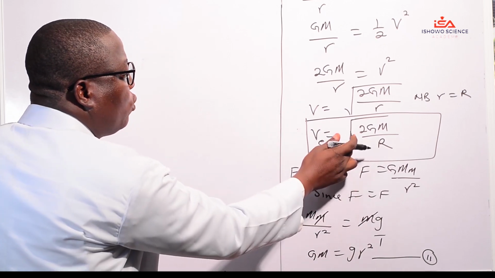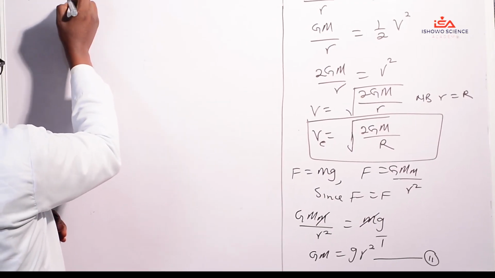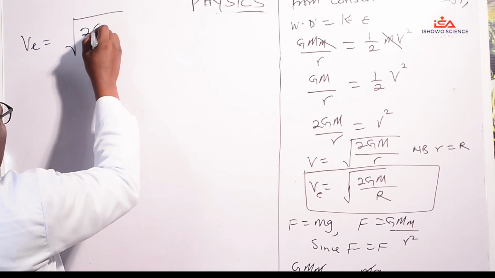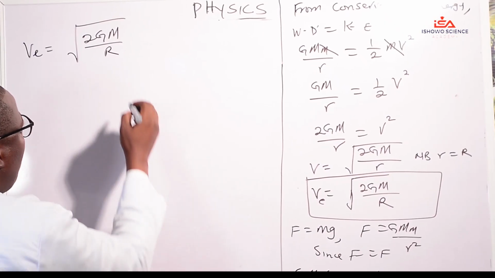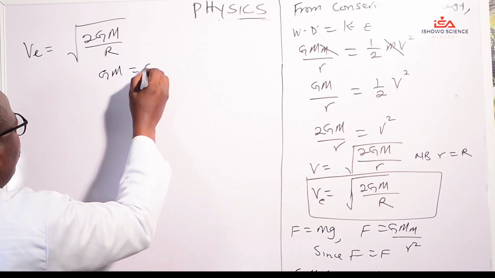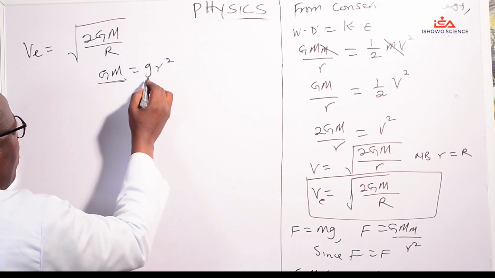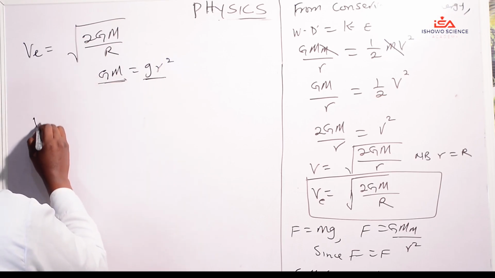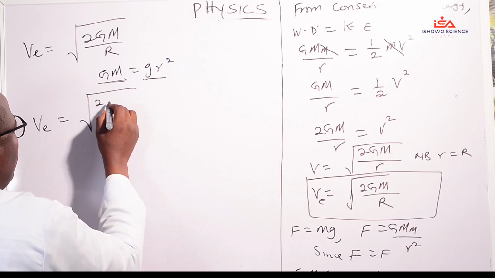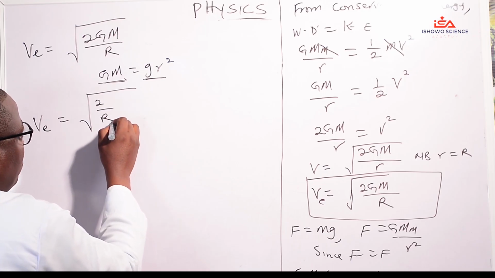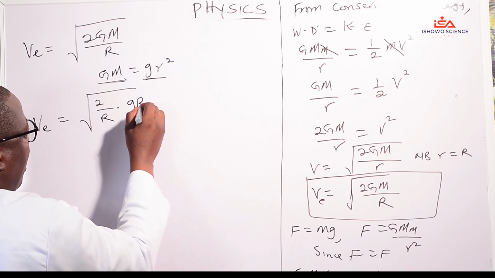If you now come back to the equation that we have obtained, that is escape velocity equals the square root of 2GM over R, and we now have GM equals gR squared. So instead of GM in this equation, we can put gR squared. So we now have escape velocity equals the square root of 2 over R, and then instead of GM, we put gR squared.